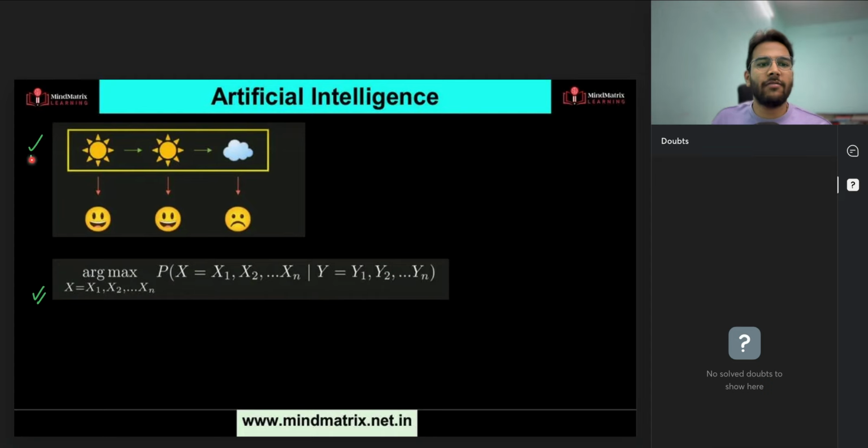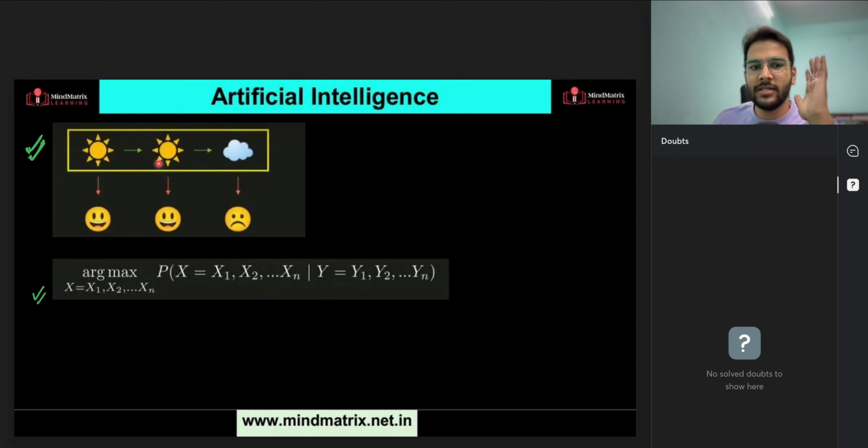Just as an example, let's say by simulation, by writing a Python script, you found out that this is the particular sequence having the maximum probability, based on these mood sequences on 3 days. So this is the most likely weather sequence. Clear? By Python script you have found it out.